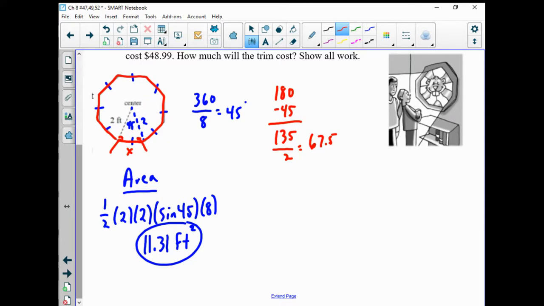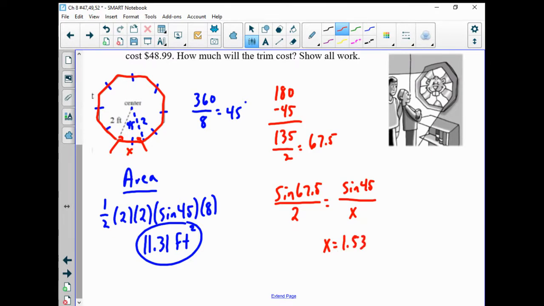So now I could do the law of sines, because I can say, well, the sine of 67.5 over its opposite side, which is 2, would be equal to the sine of 45 over its opposite side, which is what we're missing. So we can do our cross multiplying and figure out what our value is here. And when we do that, you should get that this side was 1.53.